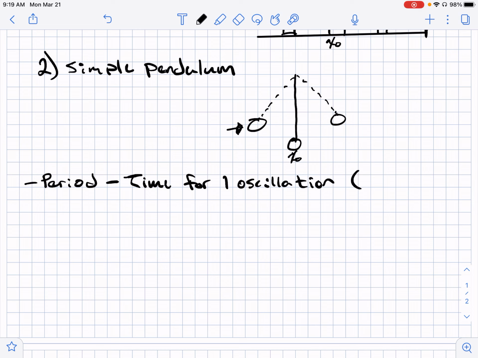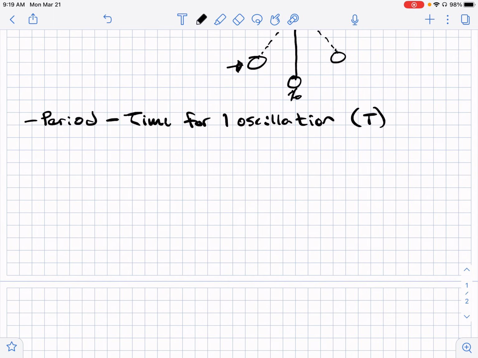And again, we're going to use that capital T that represents the period. Another new term that you need to be familiar with is frequency. Now, a lot of times frequency and period are kind of mixed up.